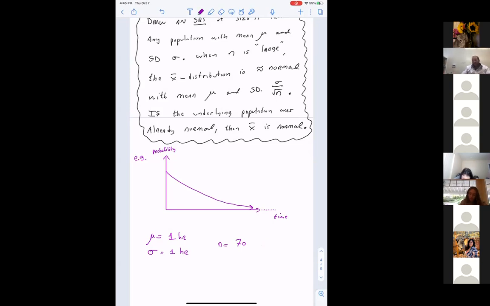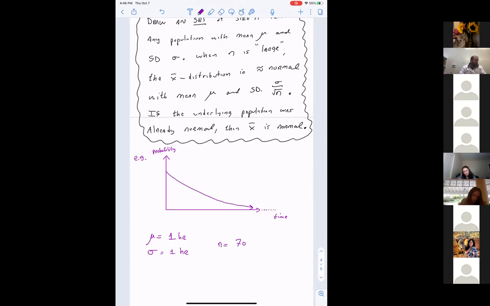Now, each unit on average takes me how long to fix? One hour. That's exactly what the mean means. Now, do they all take exactly 1 hour? Is that realistic? No, some take less time, some take more time.